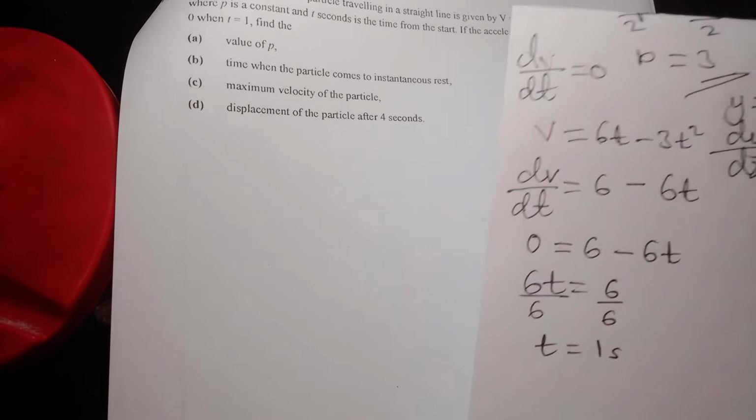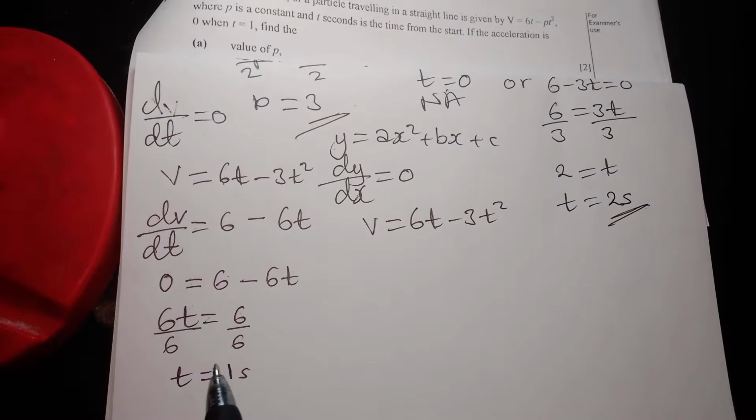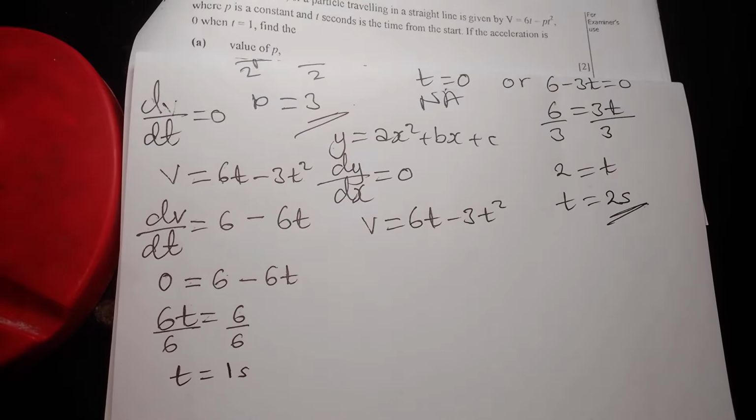Remember, we want to find the maximum velocity of the particle, and the equation is v is equal to 6t minus 3t squared, and we know that the object had its maximum velocity when t was 1 second.